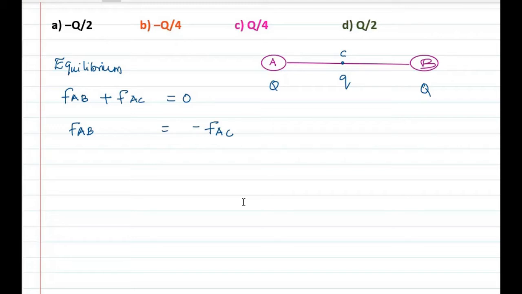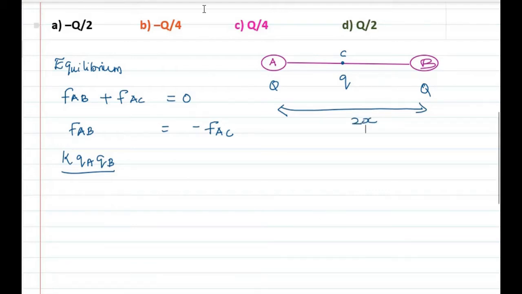So by Coulomb's law, F is equal to K into Q1 into Q2 divided by the distance squared. Here QA into QB divided by the distance. Let the distance between A and B be 2x. Then the distance between A and C will be x and the distance between B and C will be x.